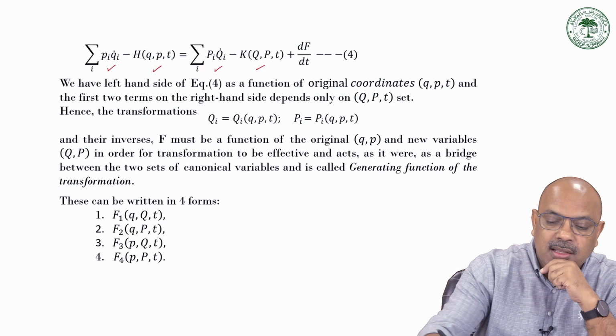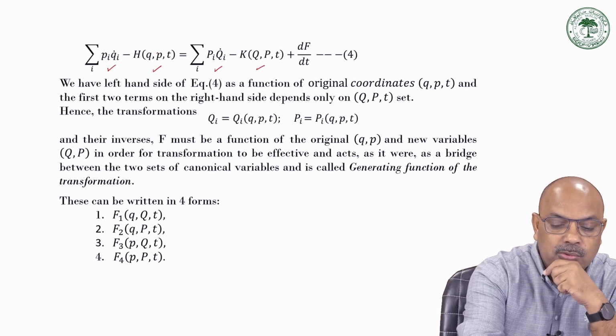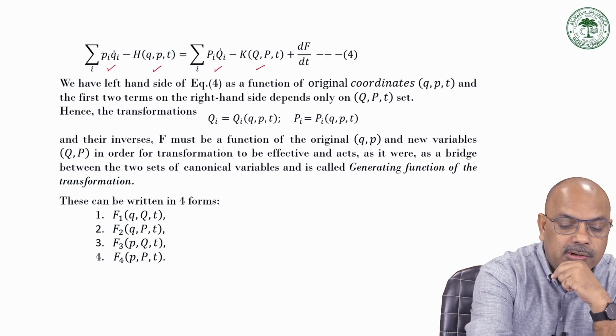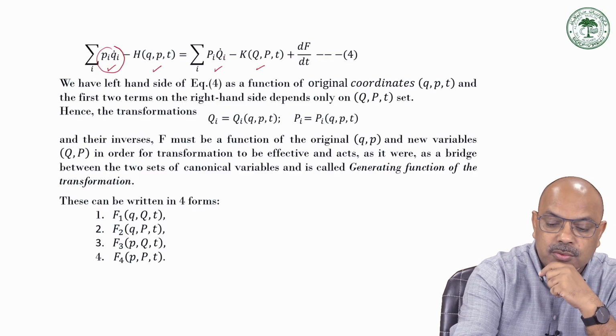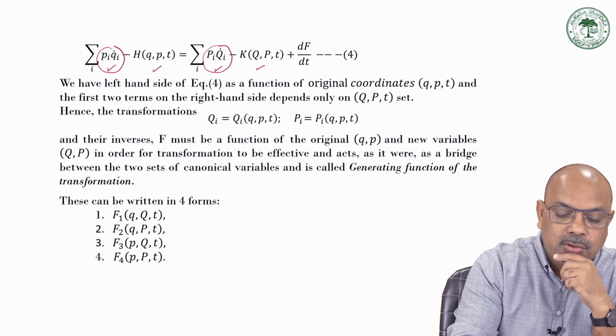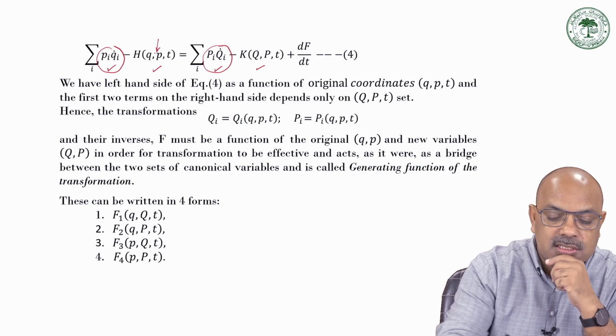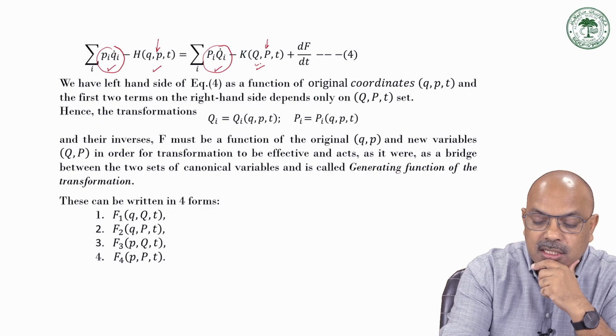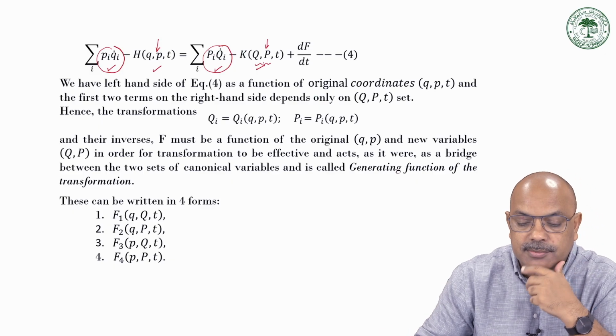If you canonically transform your old coordinates, qi pi, into the new coordinates, capital Qi Pi, then your old Hamiltonian becomes the new Hamiltonian, which depends upon Q and P. These are your new variables.